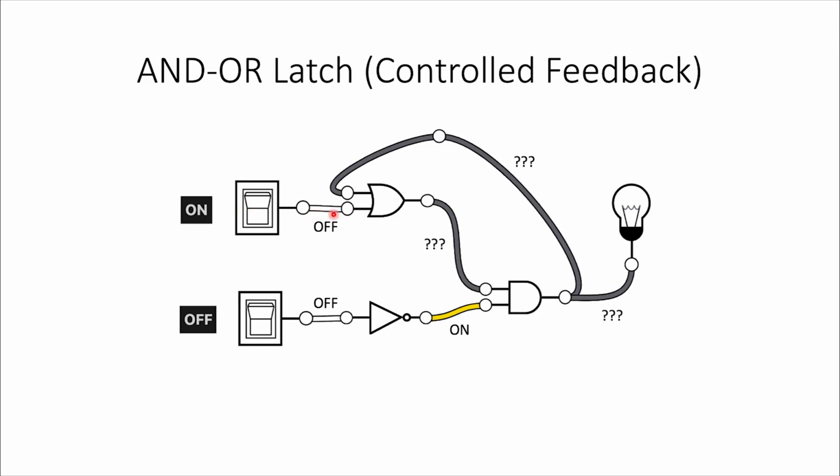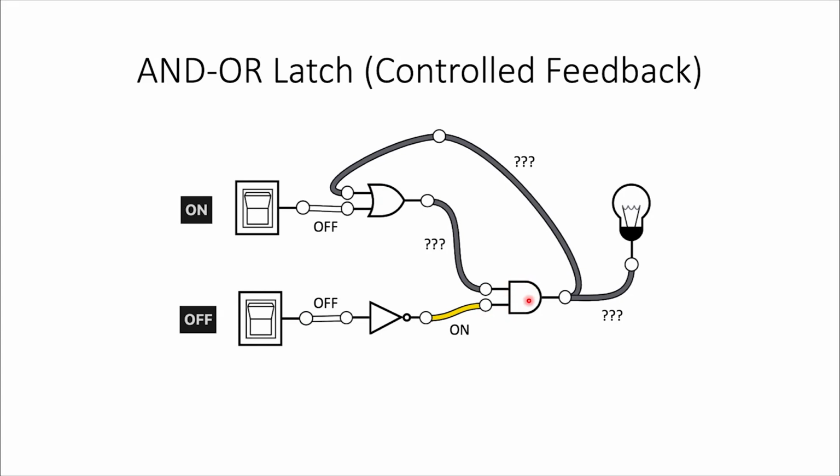The OR gate looks at the other input, and if the other input is 0, then it should output a 0. But if the other input is 1, then it should output a 1. But this OR gate is coming from this AND gate, which depends, in turn, on the output of the OR gate itself. Now this AND gate also has no idea what to do because there's a 1 coming into the AND gate, and the behavior of this AND gate is determined by this other switch.